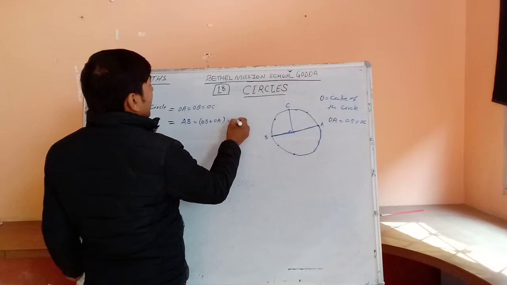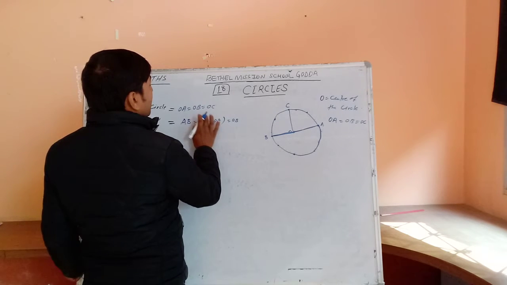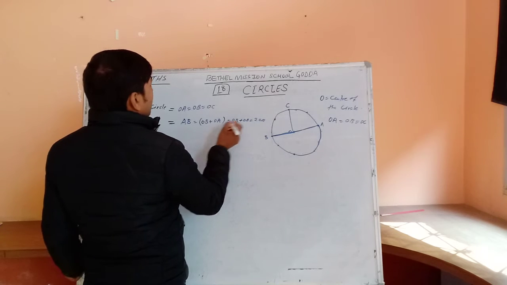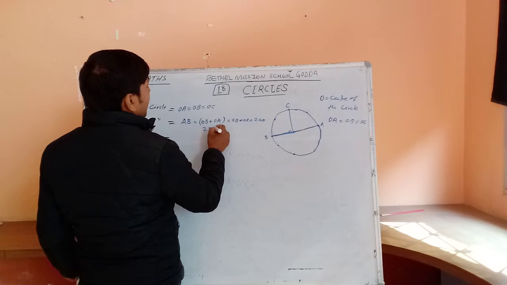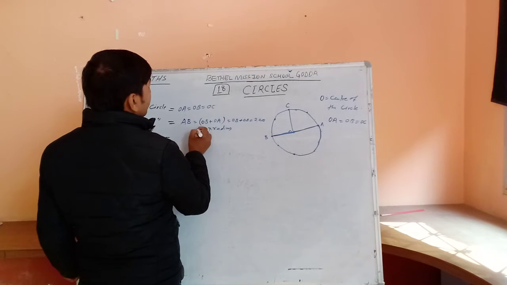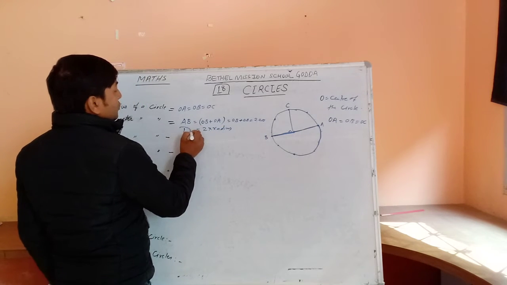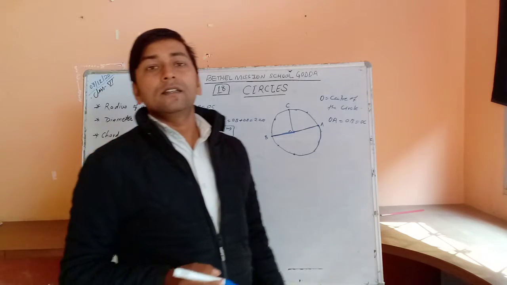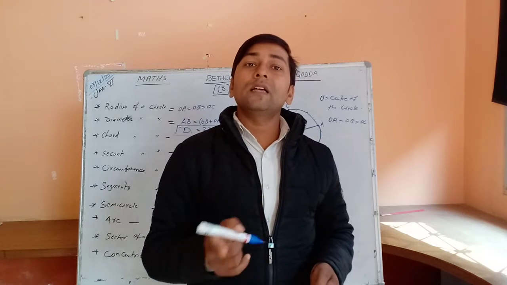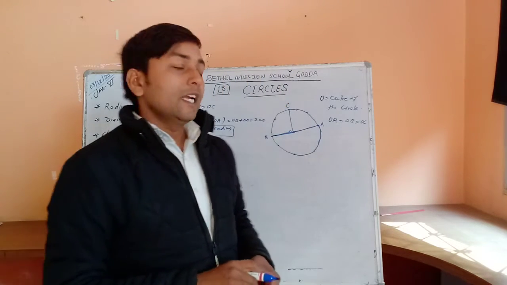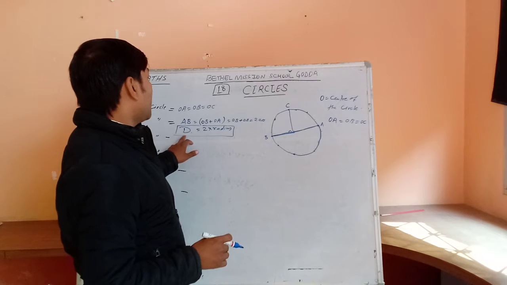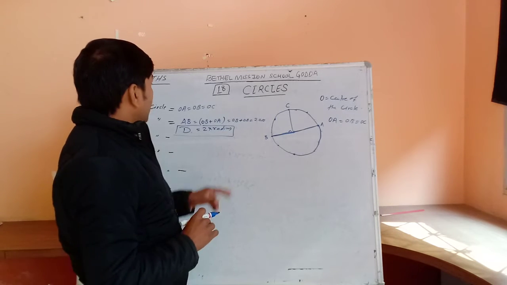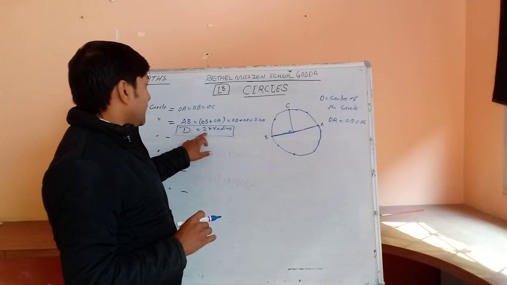It means we can write OB in the place of OA, so AB equals 2 OB, that means 2 times the radius. Diameter equals 2 times radius. It means radius is half of the diameter: radius equals diameter divided by 2.